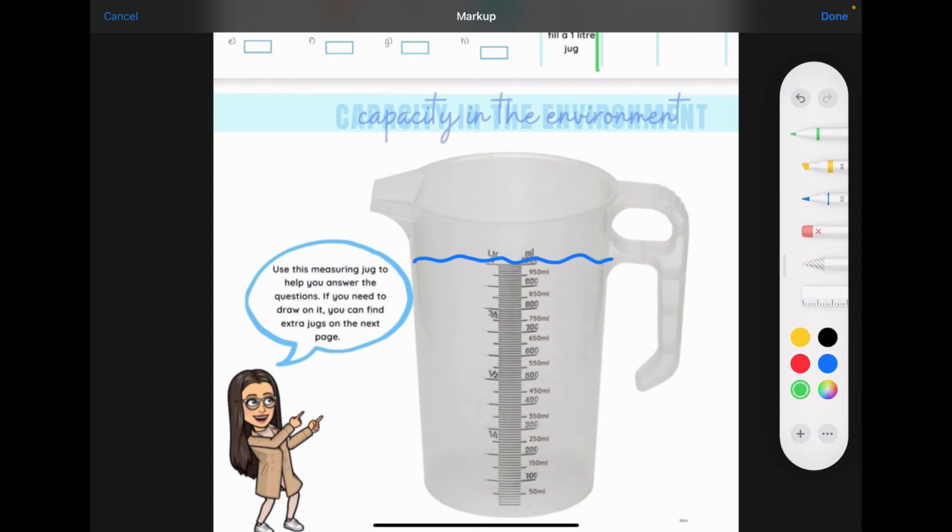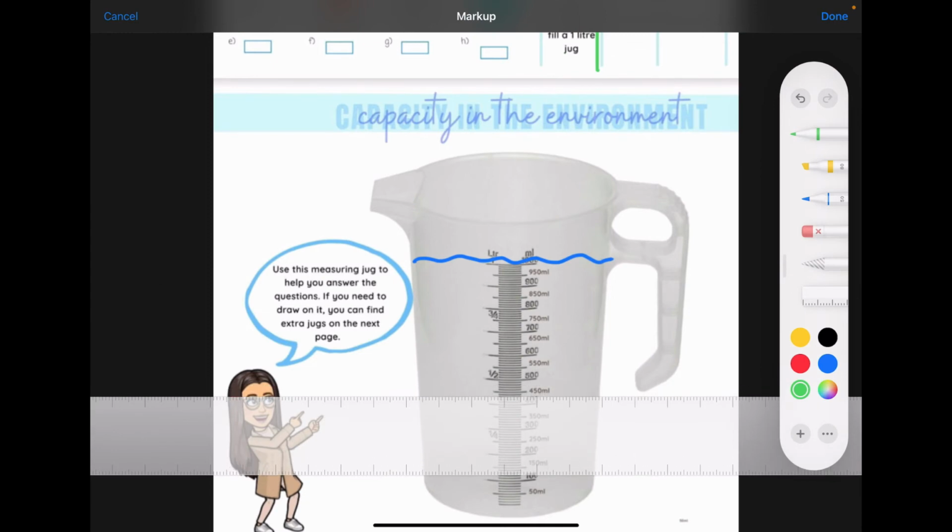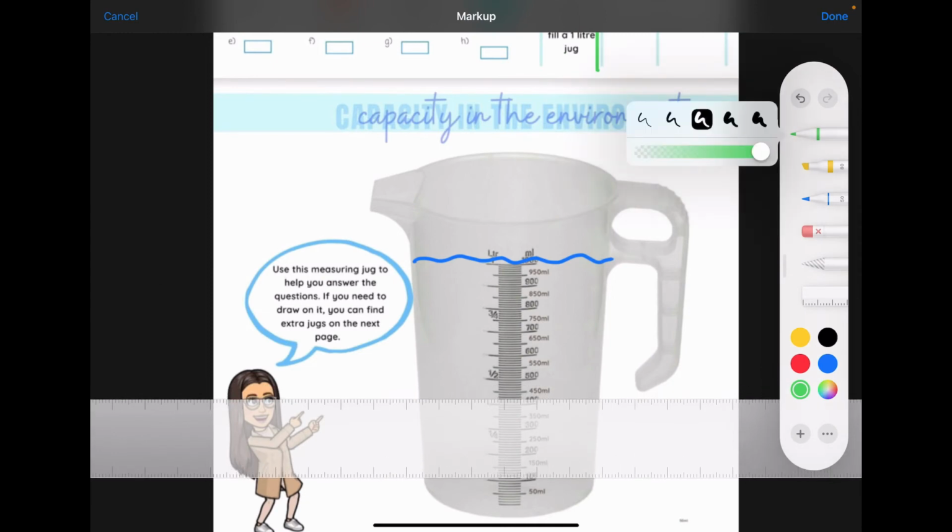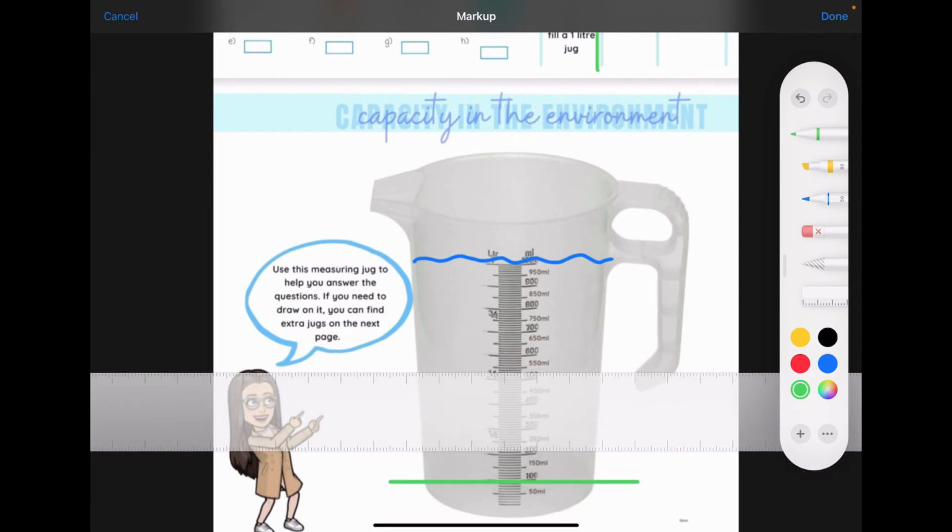All right, let's now get started. So we are going to start by ruling off at the 100 ml mark because that is the capacity of our ladle. So we are going to do a rule there. I'm going to add another 100 on top. And that's going to give me 200.